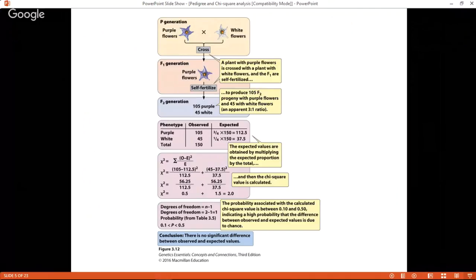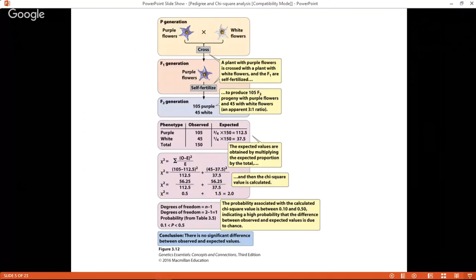And then we're going to do the chi-square analysis. The chi-square is x squared equals the sum of the observed minus the expected, squared, divided by the expected. We're going to do the purple first. You do the observed 105 minus the expected 112.5, squared, divided by the expected 112.5.